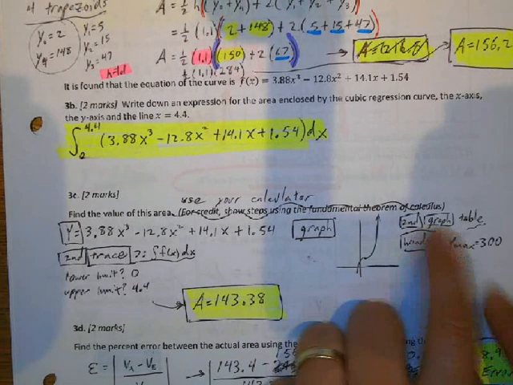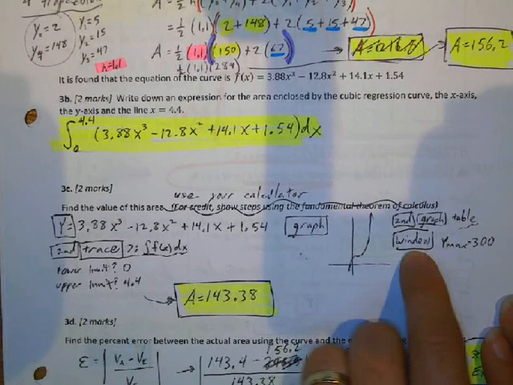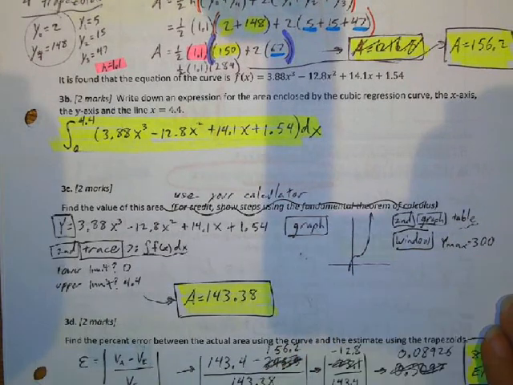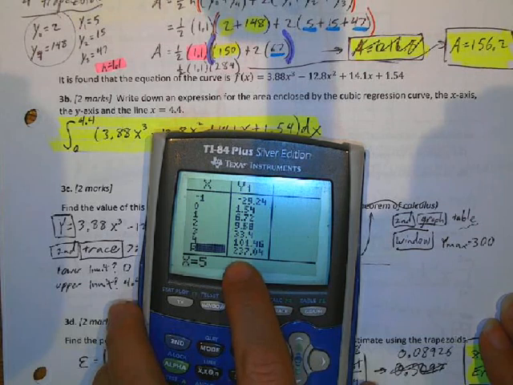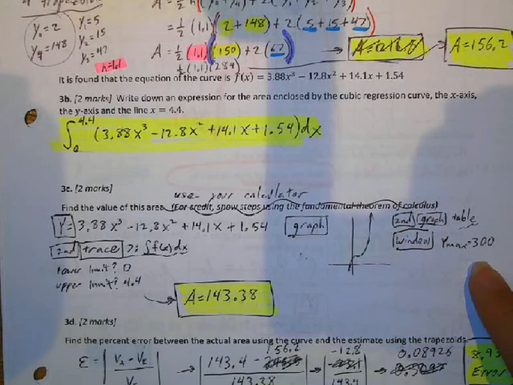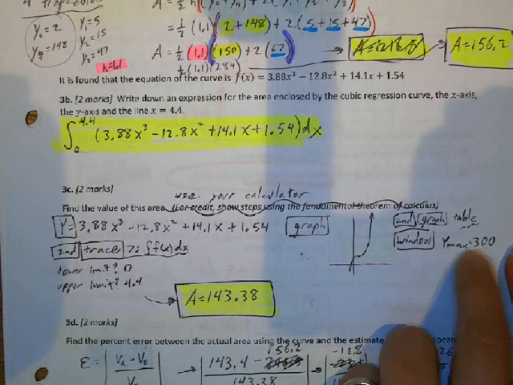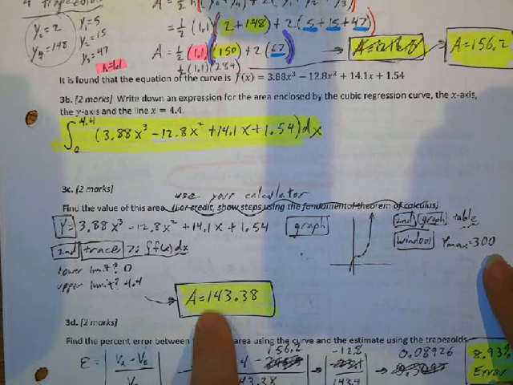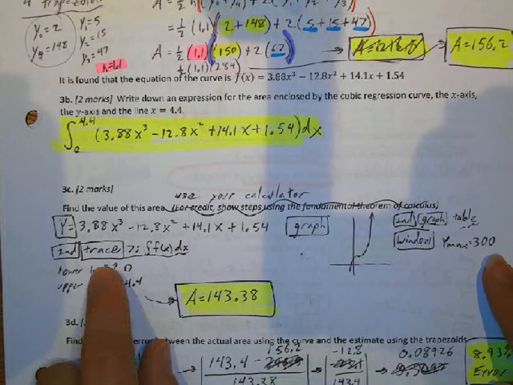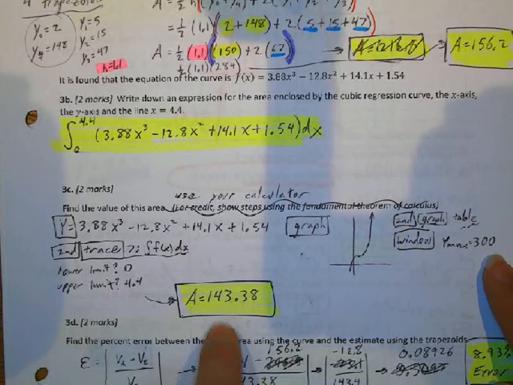I need to make the y max like 300, just something bigger than 237. So when I changed my window, the table helped me figure out the y max should be 300. And then when you go through second trace, lower boundary, upper boundary, you should get this answer.